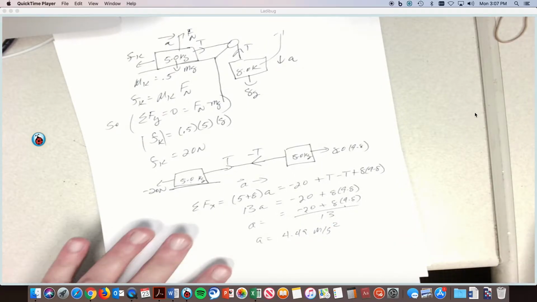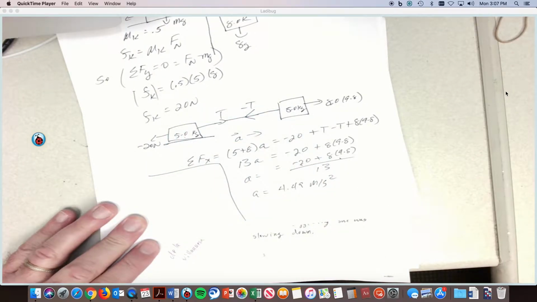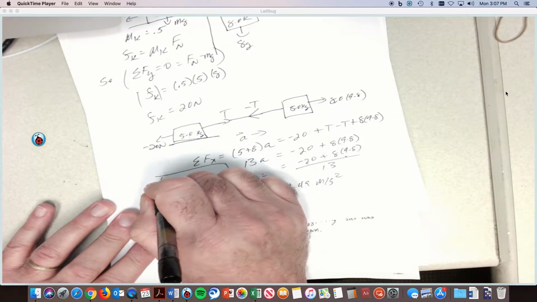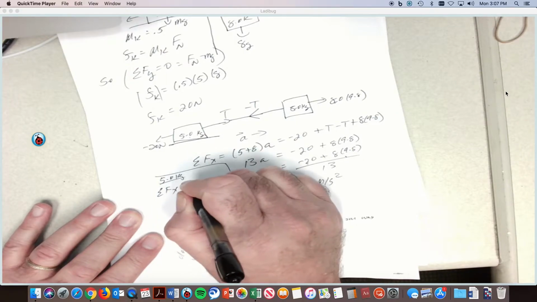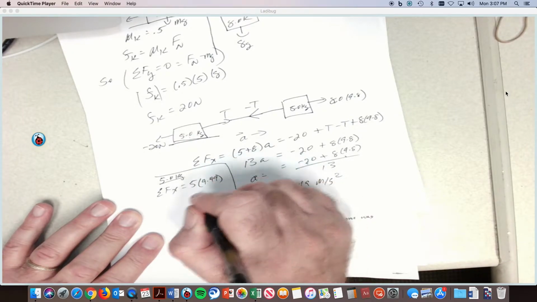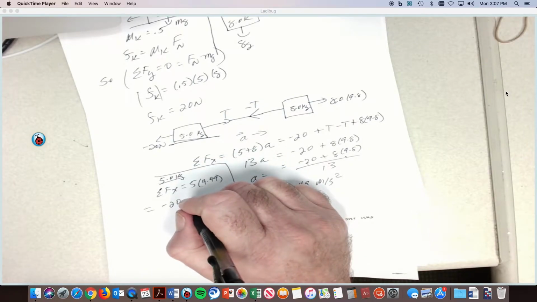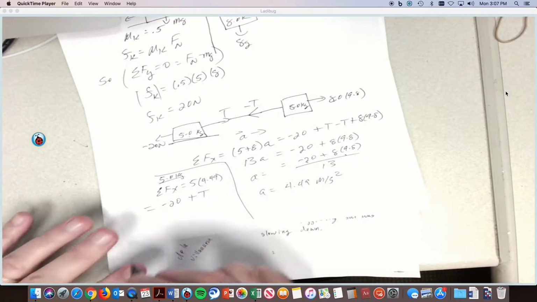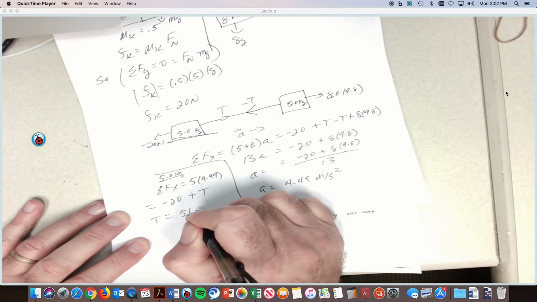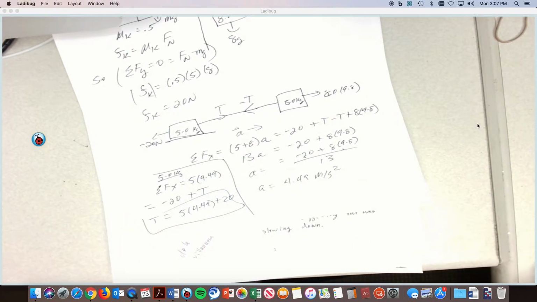Now again, to finish the problem, we'll just come over here. We'll just look at this block again. So I know that the sum of the forces in the x direction for the 5 kilogram block is equal to 5 times 4.49, and that is equal to minus 20 plus T. So the tension, that becomes pretty simple. 5 times 4.49 plus 20 is equal to the tension, and we're done.